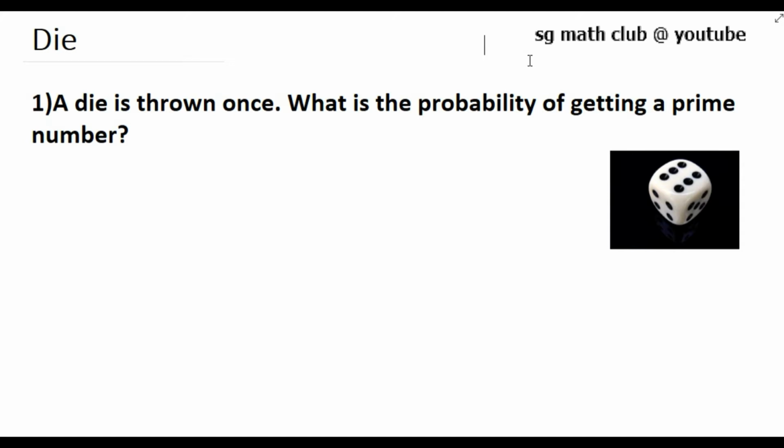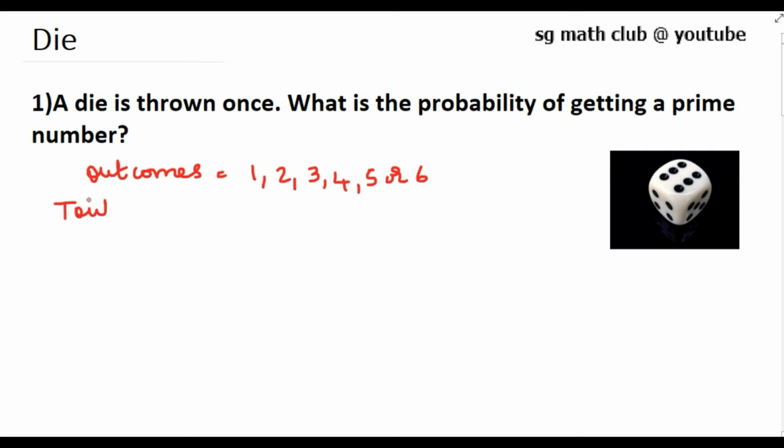We know that when a die is thrown, the possible outcomes are either 1, 2, 3, 4, 5 or 6. So the total number of outcomes is 6, and we need to find the probability of getting a prime number.